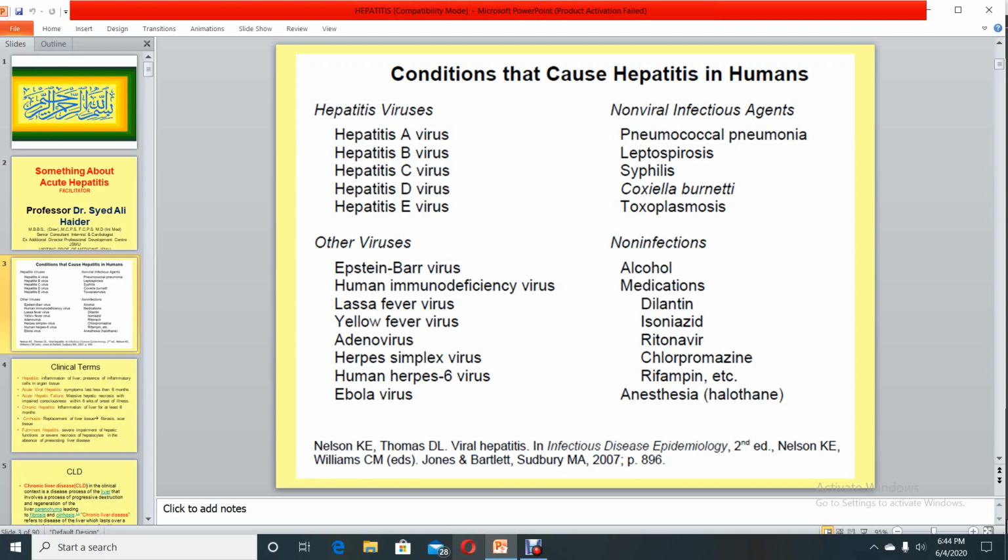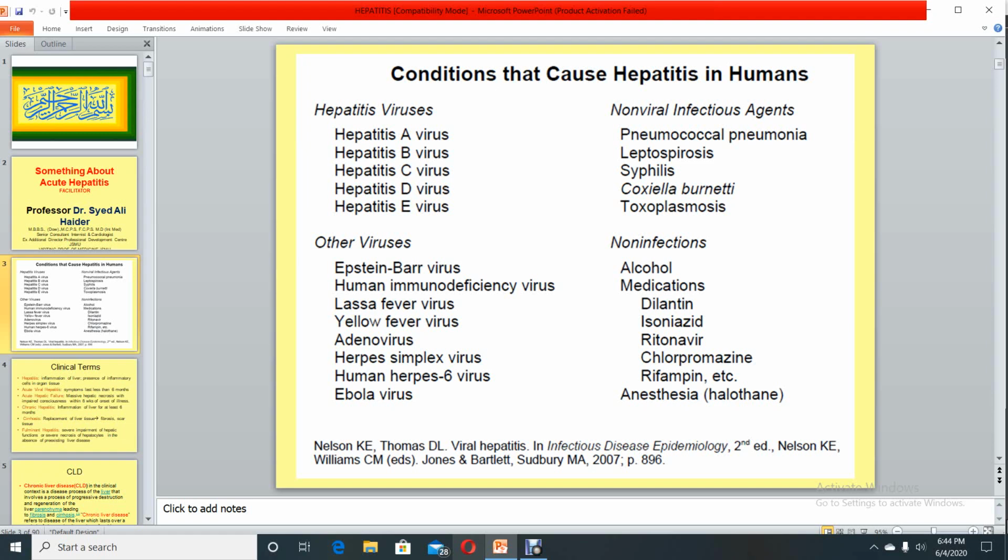And that is the hepatitis virus, or hepatotropic viruses. One type of virus is the serial virus, and other viruses are non-serial viruses.